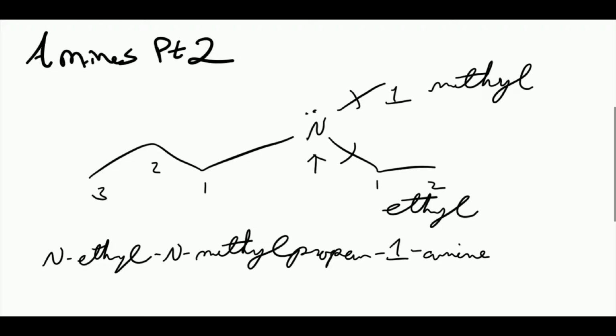So instead of numbers, 1, 2, 3, or what have you, you just use the letter N. And that is how you indicate that your side chains are bound to the nitrogen of the amine group instead of one of the carbons on the main chain.